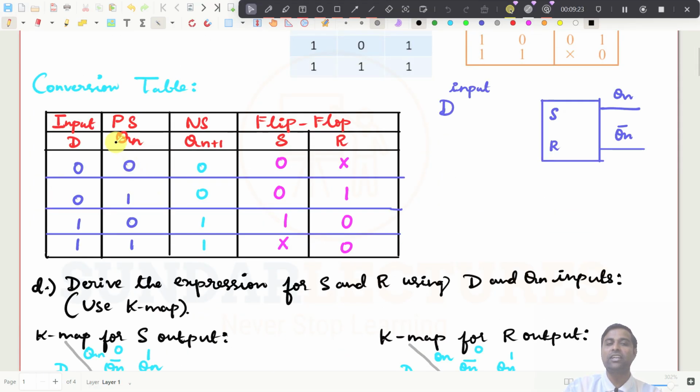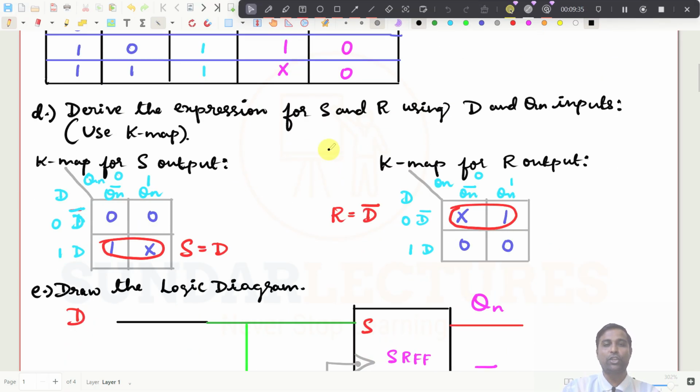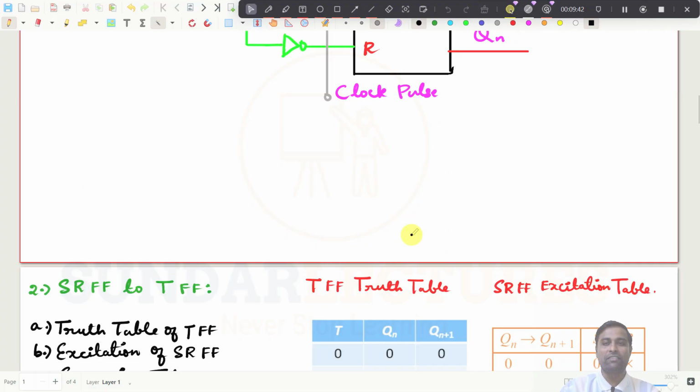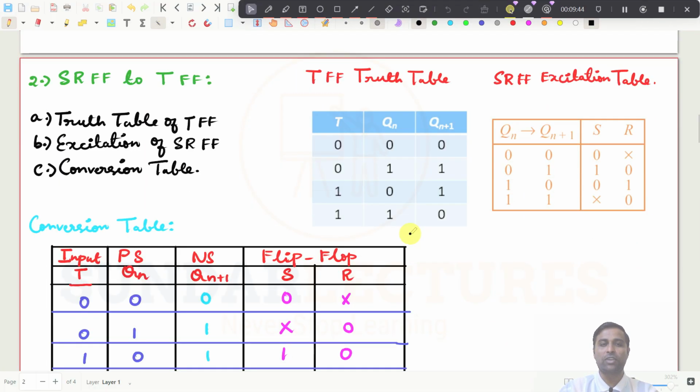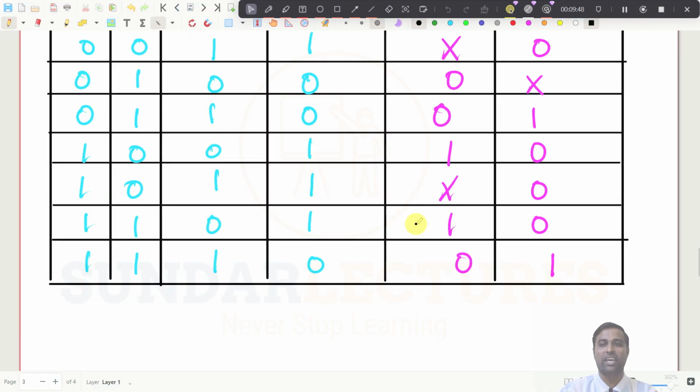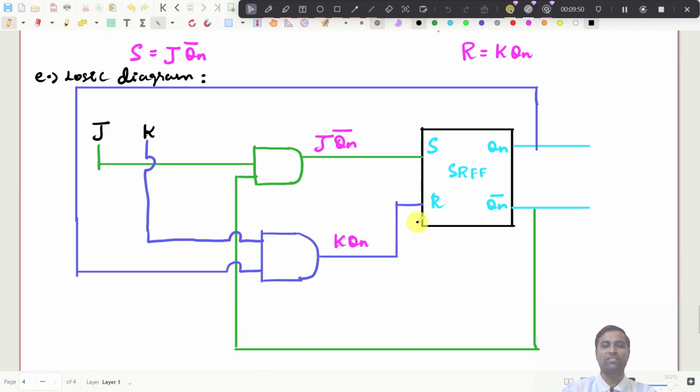In the conversion table we put the truth table of the flip-flop which we need to convert, and then we need to derive the expression for S and R from the excitation table. And we need to simplify the expression to get S and R using K-maps, and then we need to draw the logic diagram. And we have seen SR flip-flop to T flip-flop, and finally we have seen SR flip-flop to JK flip-flop, right? That is what we have seen in this class.